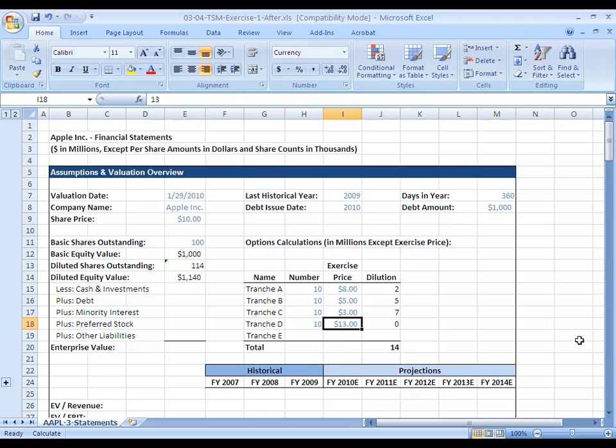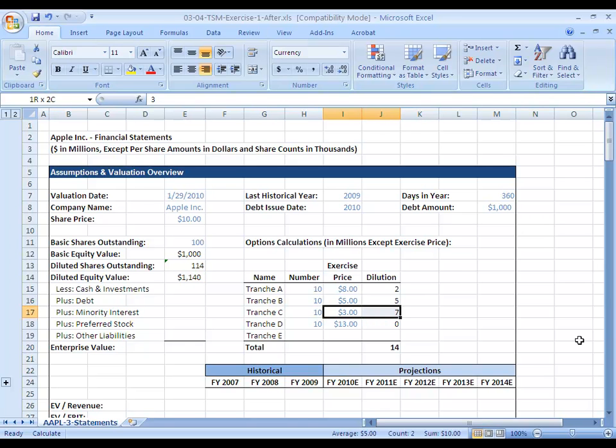Another way you can check your work with this type of question, especially in interviews, is that if you have round numbers like this and the share price is 10 or 100 or something like that, then the dilution, assuming you have an even number of shares here as well, is going to be the reverse of the exercise price. We see the exercise price here is 8, so we get 2 dilution. 5, we get 5 dilution. 3, we get 7 dilution.